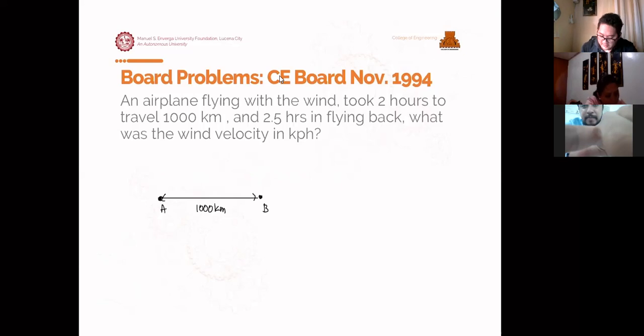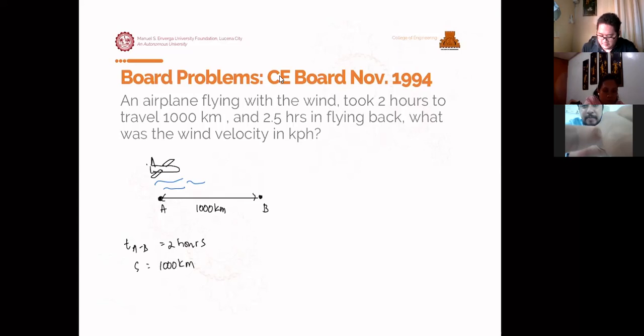So, for example, imagine we have an airplane. Then the wind, we are along the direction of the wind, the same direction as the wind. Okay? So the given is 2 hours of time from A to B, and our distance S is 1,000 kilometers.